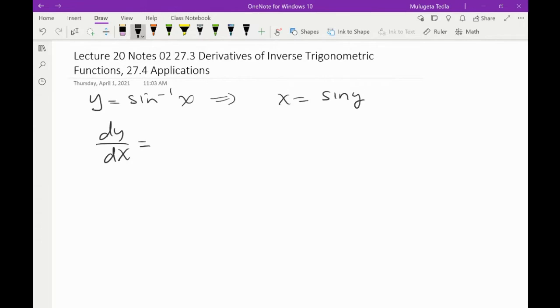From here, that is the question we have. But from this, what can you say? Implicit differentiation, maybe. The derivative of x is 1, but the derivative of sine y is cos y times dy by dx.